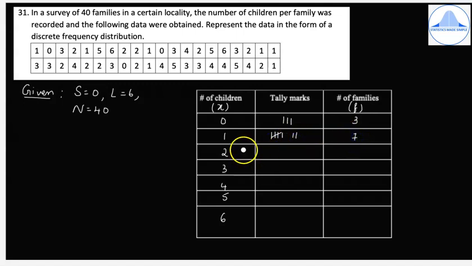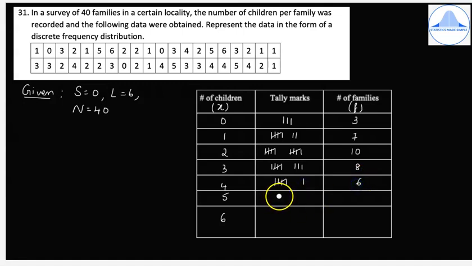Similarly, the number of 2's are 10. So since I've already counted, I'll write down the tally marks and then write it in numbers, that is 10. Then the number of 3's are 8. So here you write 8. The number of 4's are 6. Here write 6.